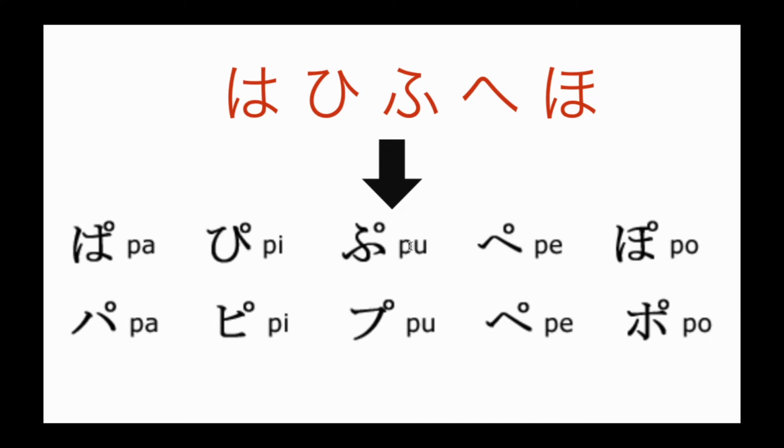It is the ha line, it can be the ba line, and when a circle or a maru is added to the ha line, it becomes pa, pi, pu, pe, and po. So if an additional stroke or a circle is added to existing hiragana characters that we already know, they will produce different sounds.